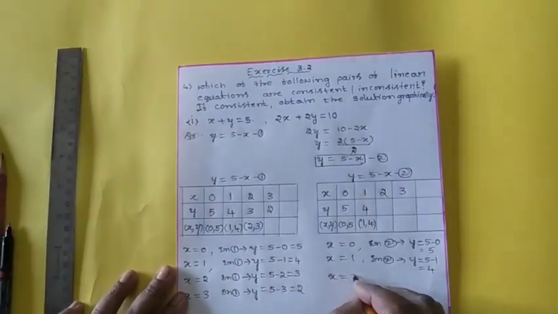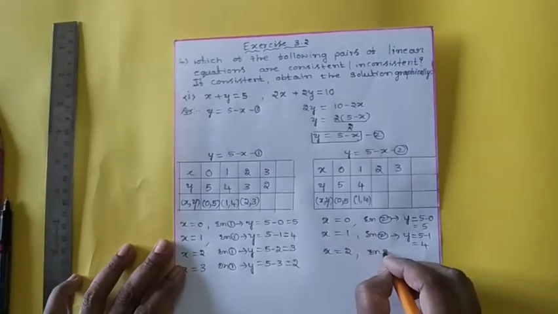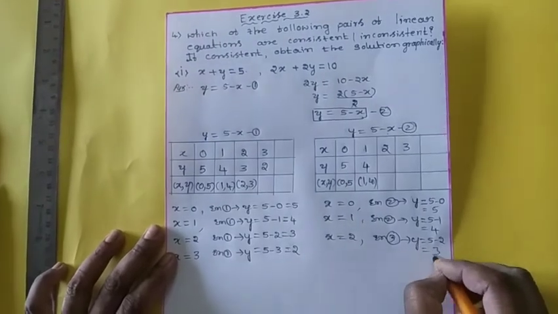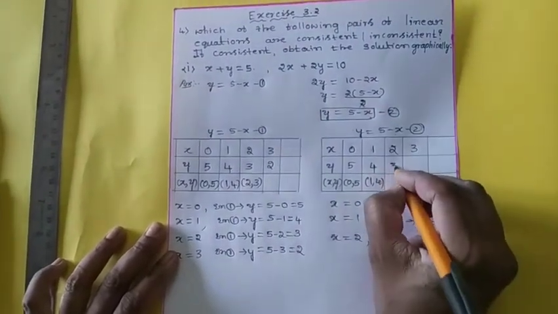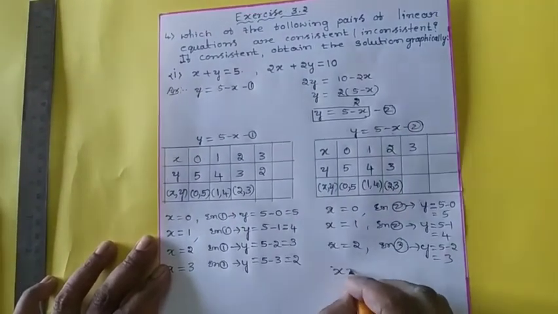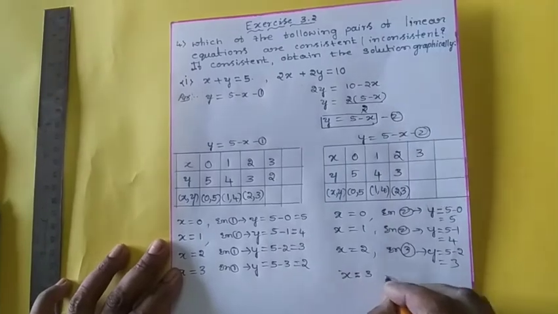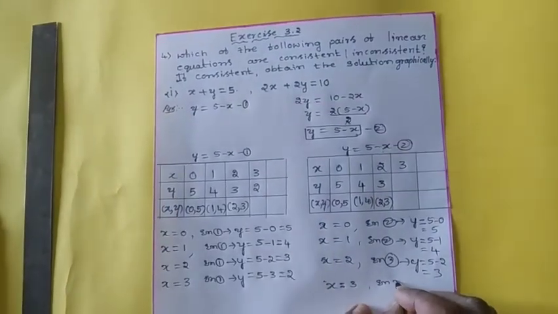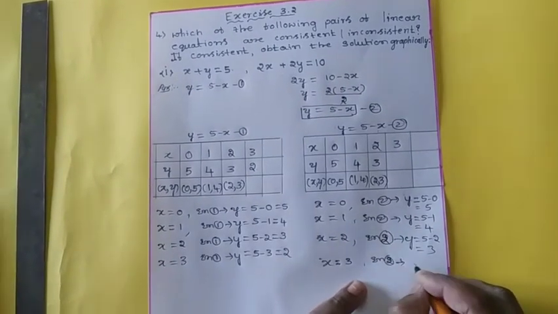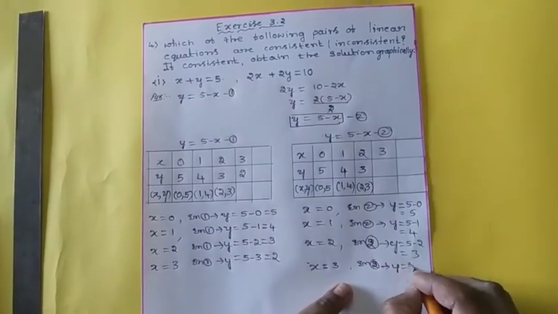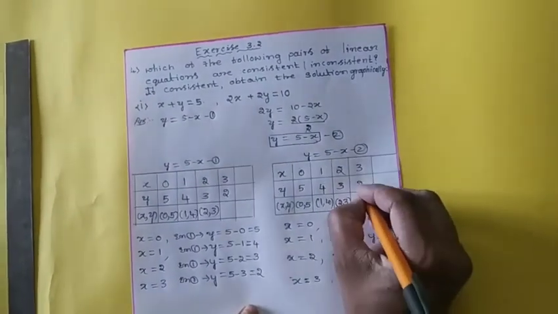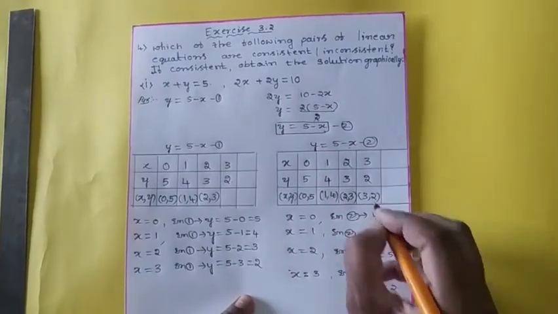Then x is equal to 2, y is equal to 5 minus 2, that is equal to 3: (2, 3). Then x is equal to 3, y is equal to 5 minus 3, that is equal to 2. We get the same values for both equations.